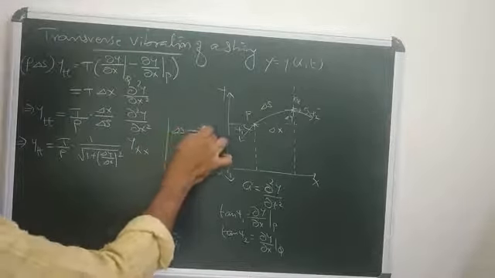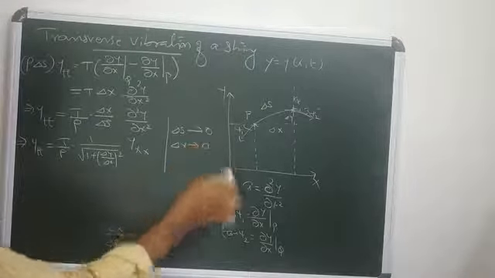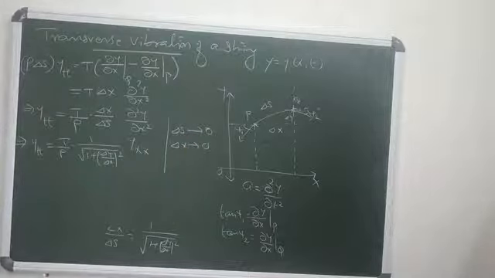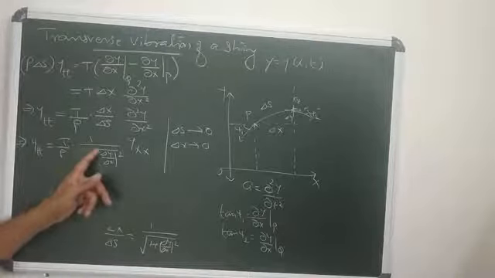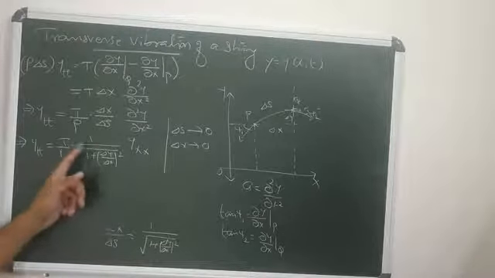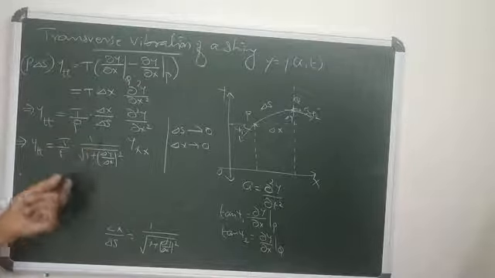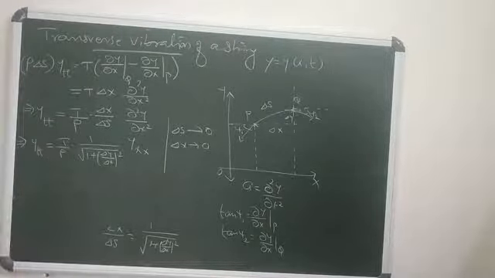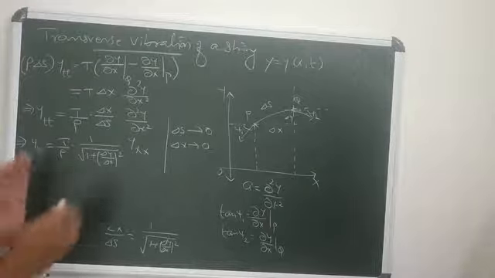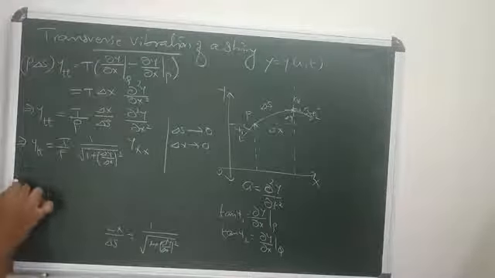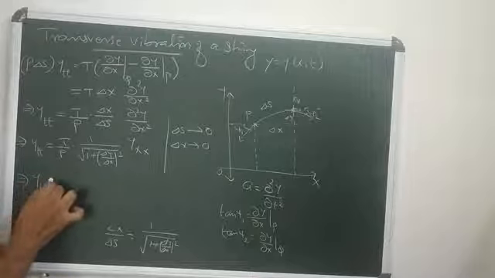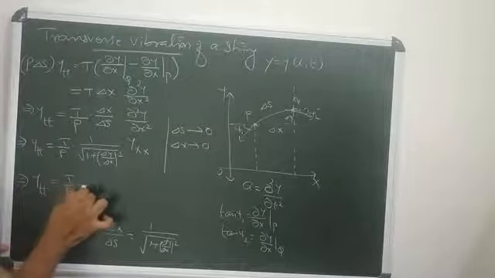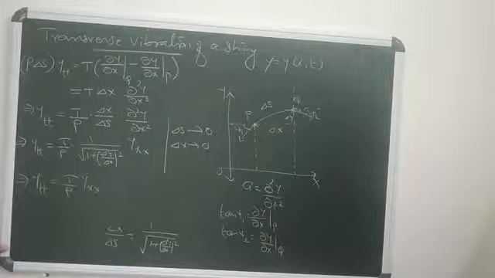Therefore, this 1 by square root of 1 plus delta y by delta x whole square reduces to a very small quantity, so we can neglect it. That quantity is negligible. So from here we know that ytt equals t by rho into yxx.